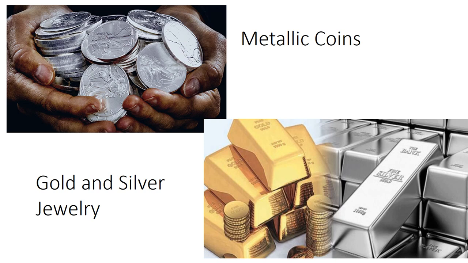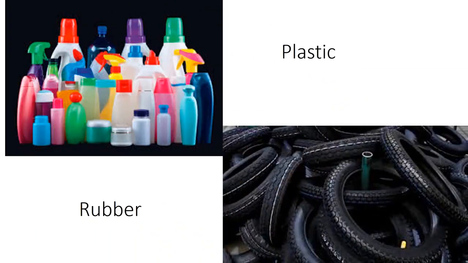So they are examples of lustrous materials. You can check here plastic bottles, rubber tires, they do not have shine, rather they appear dull. So they are the examples of non-lustrous materials.